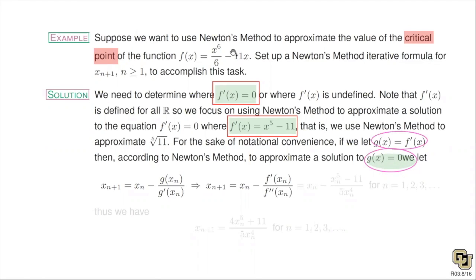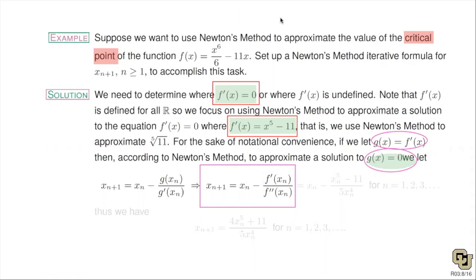So for this particular problem, where we're trying to approximate the critical point, that's what the formula would look like. There's not an f up here, and this is not f prime. Everything has been increased by one derivative because our original equation has been increased by one derivative. We're solving f prime equal to 0, not f equal to 0.